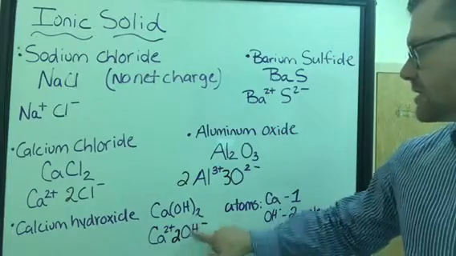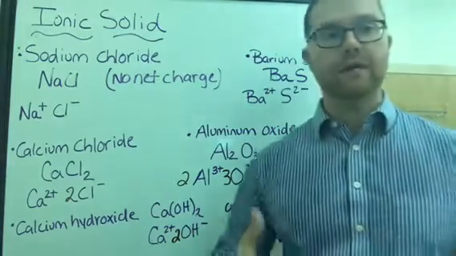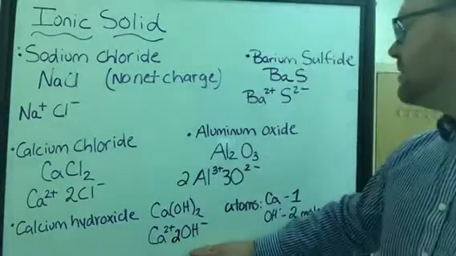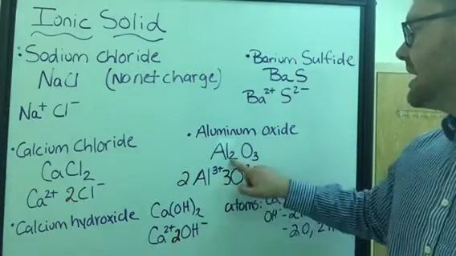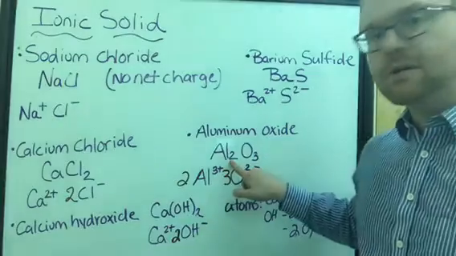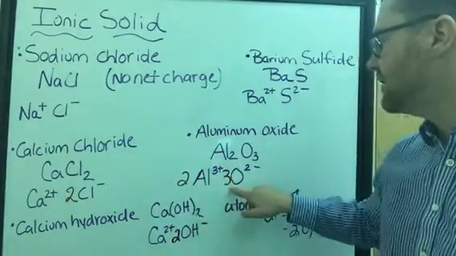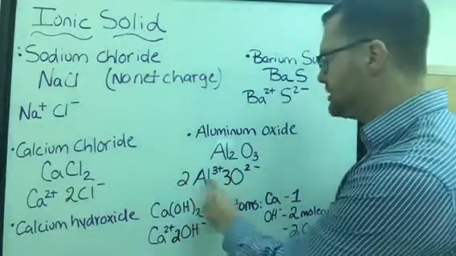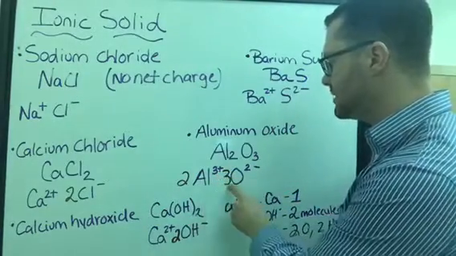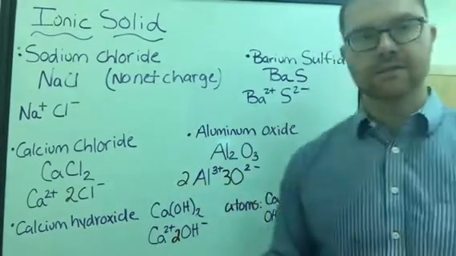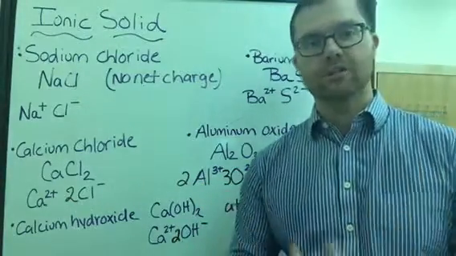All right, so these subscripts again tell you how many of the molecules or the atoms you're going to have. What you need to know here, the main idea, is that these subscripts will tell you how many of the molecules you have. So for aluminum oxide, 2 times 3 is +6, 3 times 2 is -6, 6 minus 6 is 0. Ionic solids have a net charge of 0.